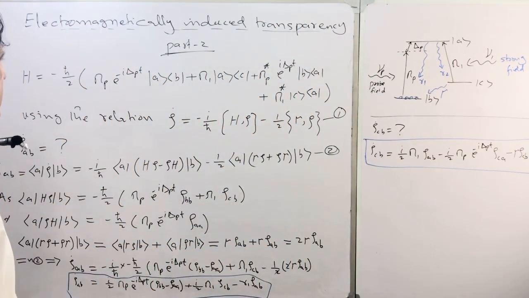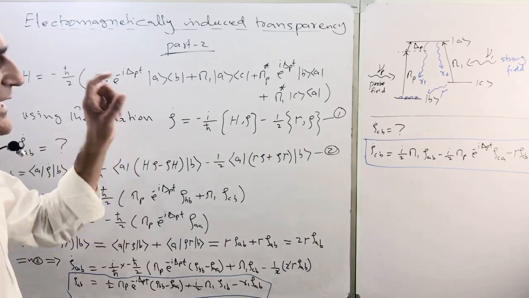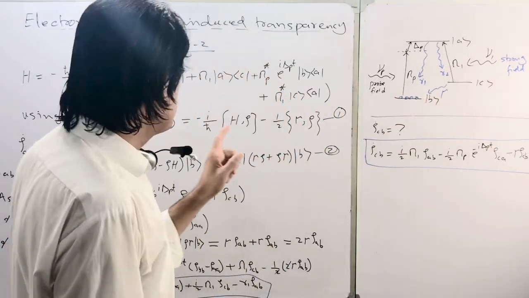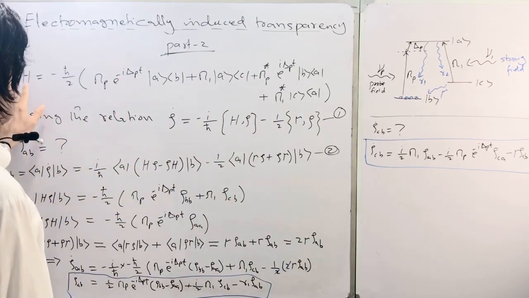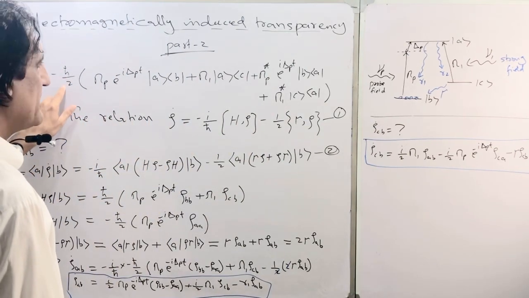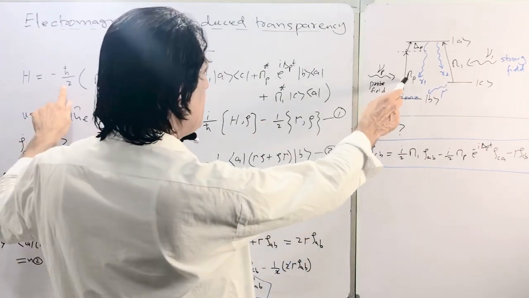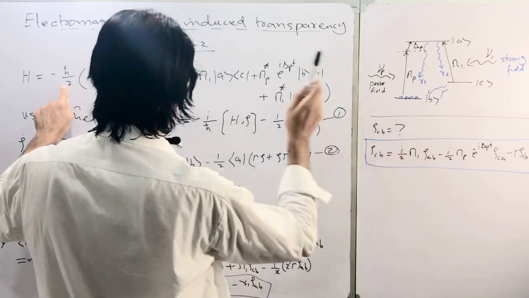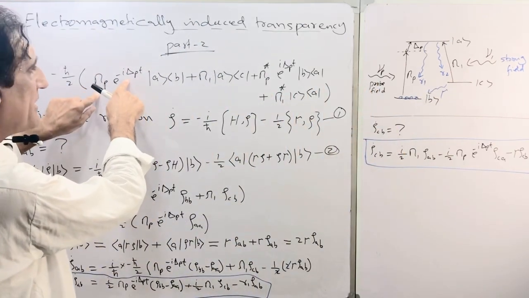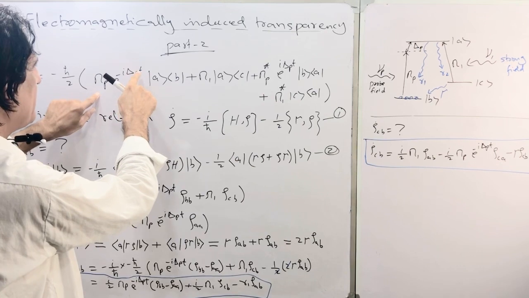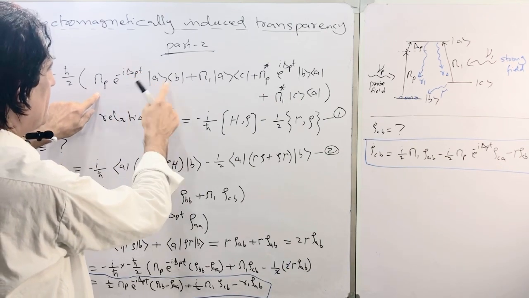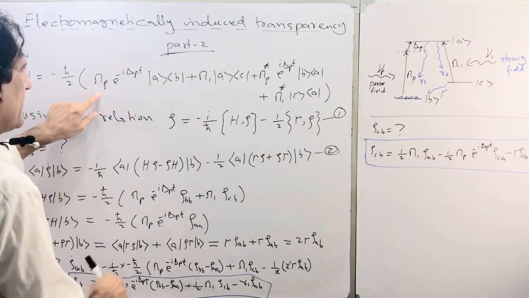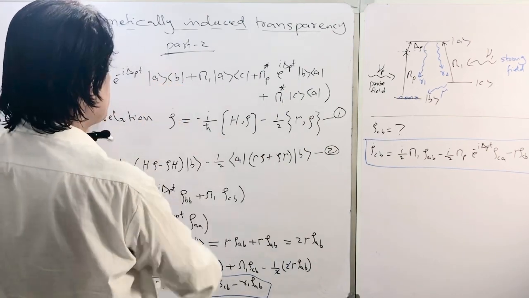Configuration, we need to write down the Hamiltonian for this system. So the interaction picture Hamiltonian for this system is H equal to minus h cut divided by 2 omega P. This has been applied between A and B. So omega P, which has some detuning, e to the power minus iota delta P t. So this is applied between A and B, so we can take these states.